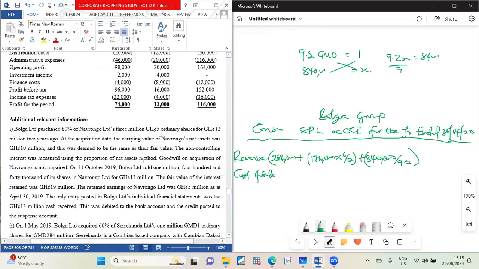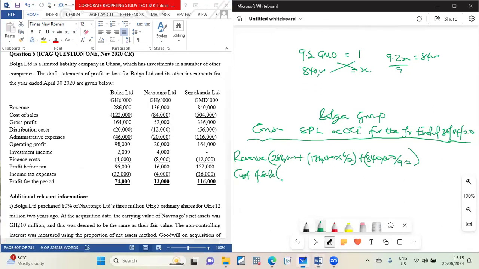So cost of sales, what do you have? 122,000 plus, in brackets, 84,000 6 over 12, plus, so let me do two brackets here, plus 504,000 divided by 9.2. The only thing that would have come here is probably the adjustment on goodwill impairment and also the brand amortization.